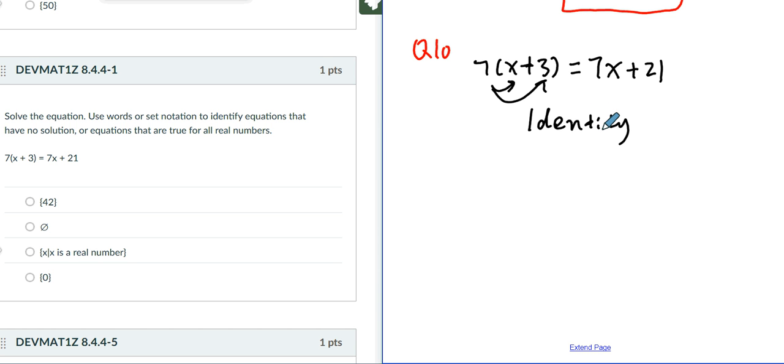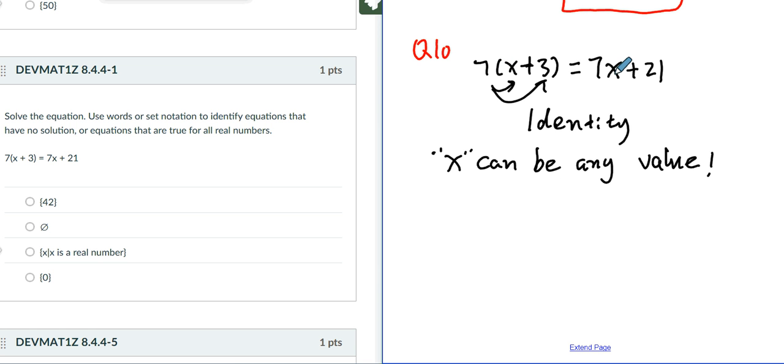Identity. It means x can be any value. Okay? If you plug in 5 here, and here is 5. So 5 plus 3 is 8, and 8 times 7 is 56.